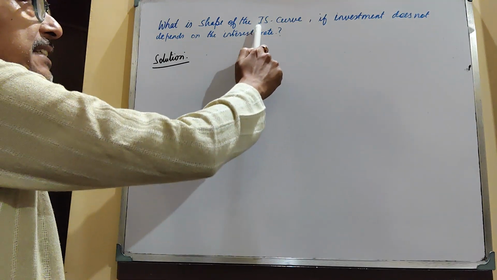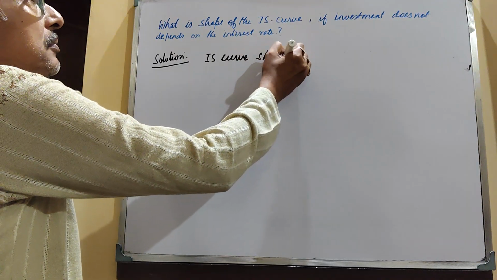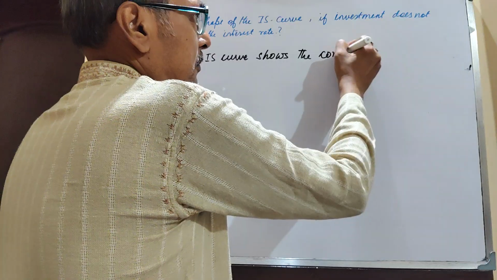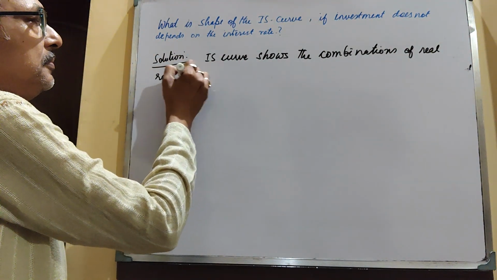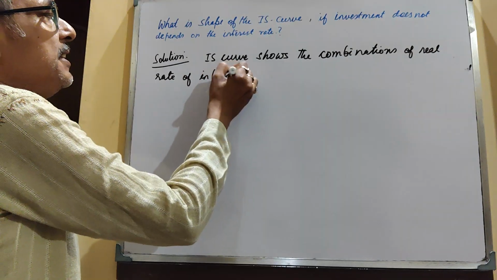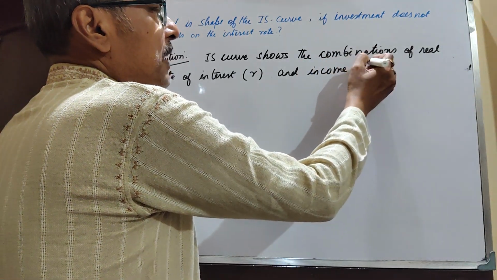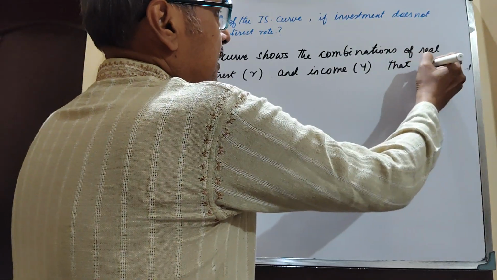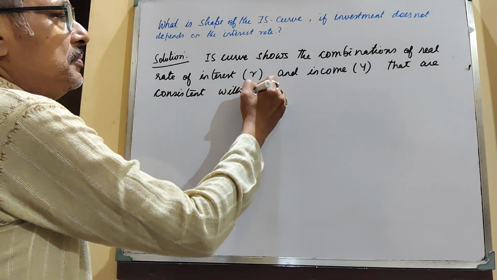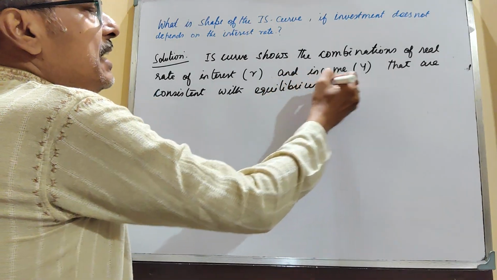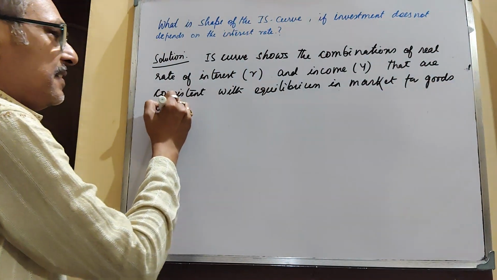I stands for investment, S stands for savings. The IS curve shows the combinations of real rate of interest, denoted by R, and income, denoted by Y, that are consistent with the equilibrium in the market for goods and services.